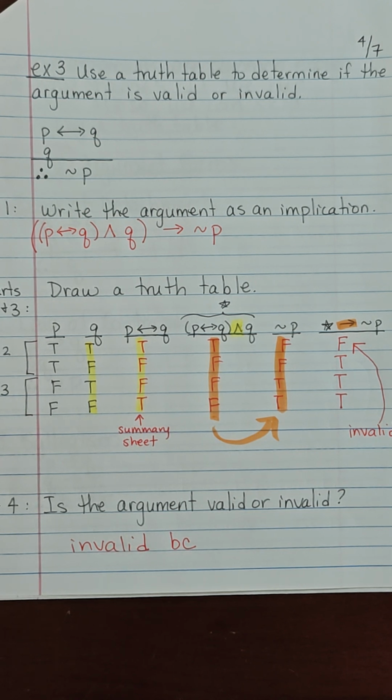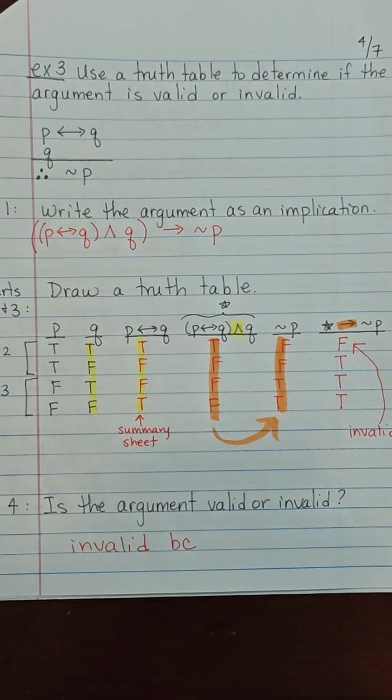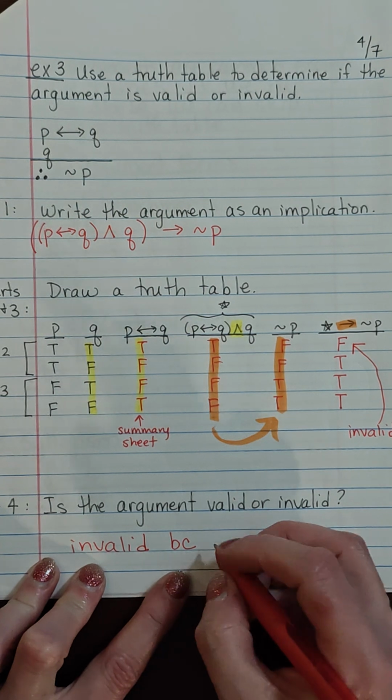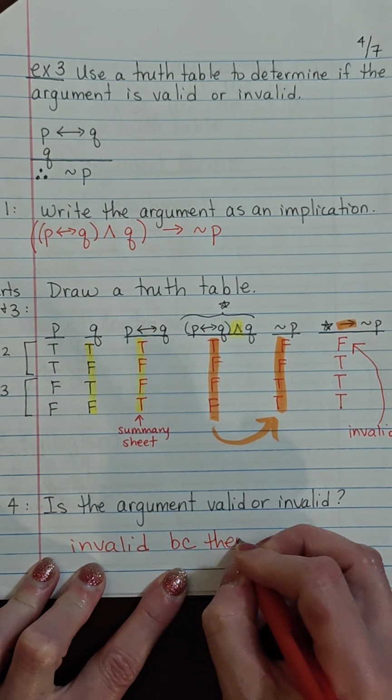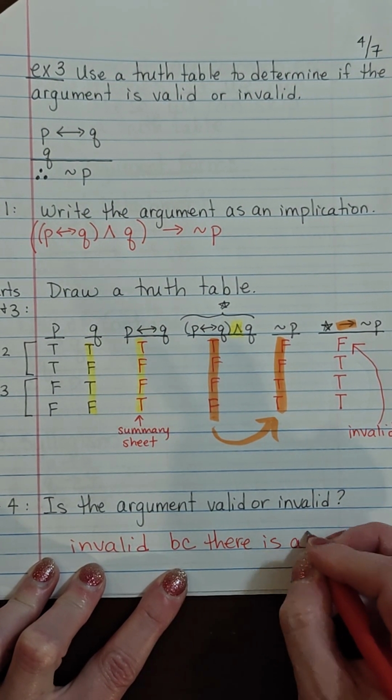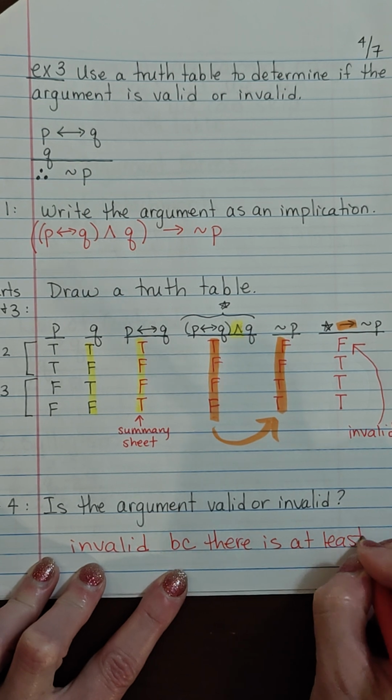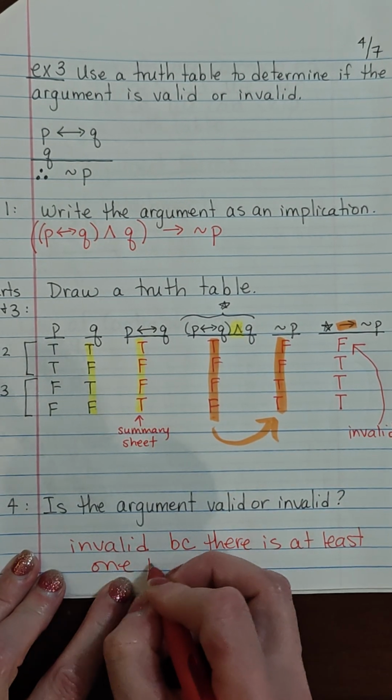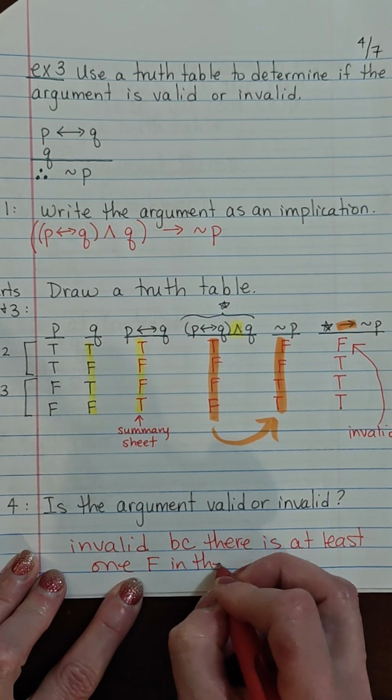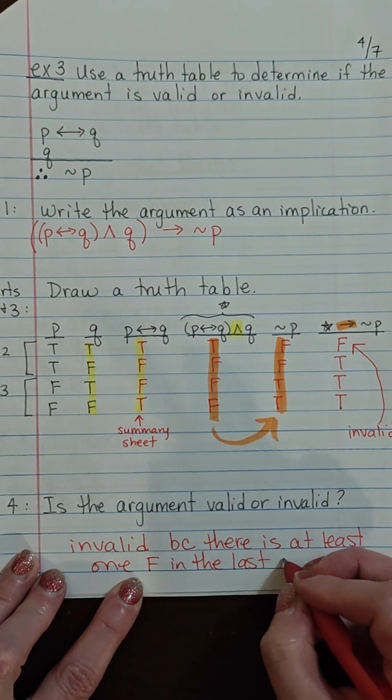We need that last column to be all true, a tautology, in order for the entire argument to be valid. So this one's invalid because there is at least one F in that last column.